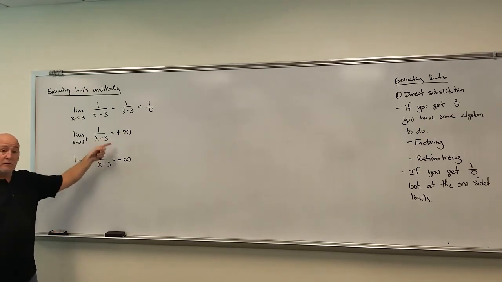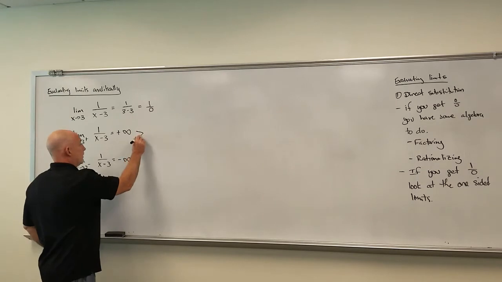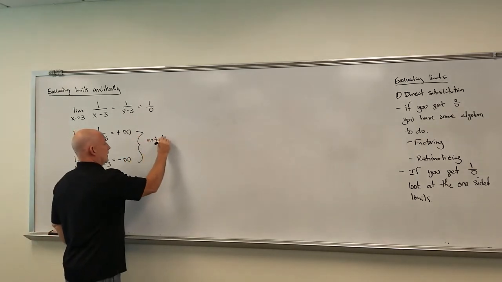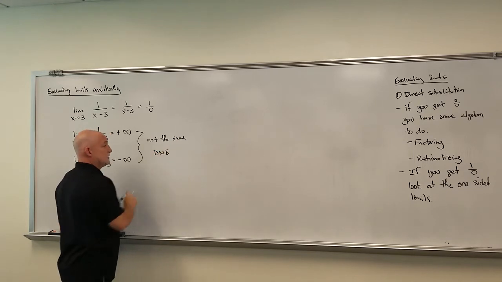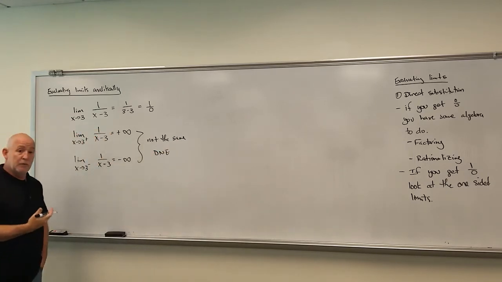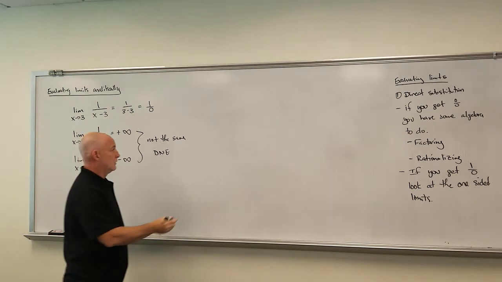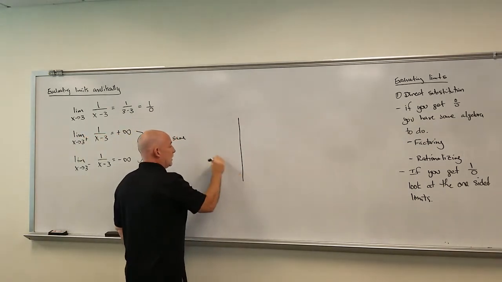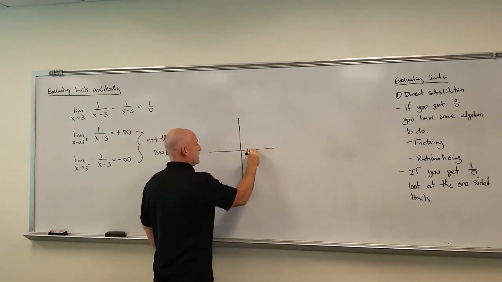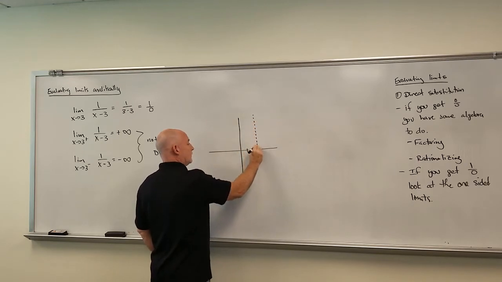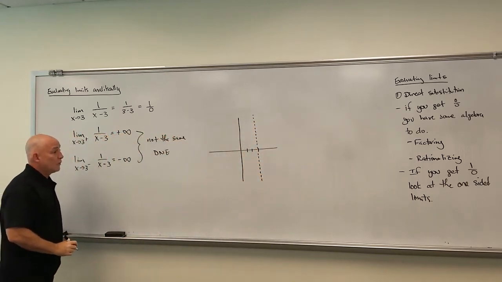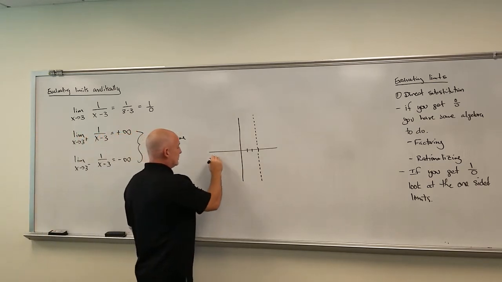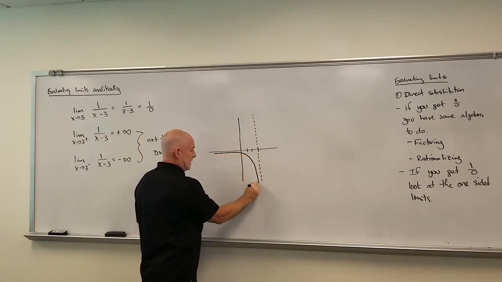Well, these two things aren't the same thing, right? So these are not the same. So the limit does not exist. Now, if you think about what the picture of this is, if you remember back on graphing rational expressions, here at x equals 3, this thing has a vertical asymptote, just like that. And as we approach 3 from the left side, it actually looks like this, kind of heads down like that.